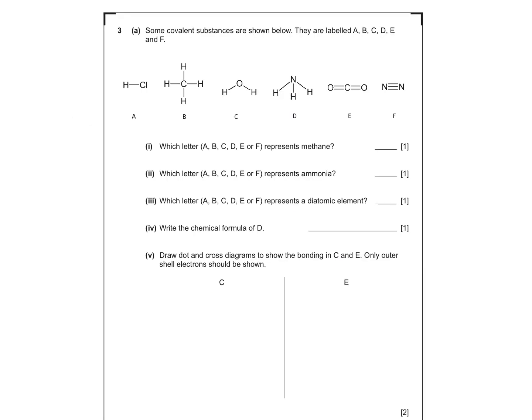Okay, now we're going to identify these different substances. Well, methane is CH4. That's going to be B. Ammonia is NH3. That's going to be D. Diatomic means 2 atoms covalently bonded together.